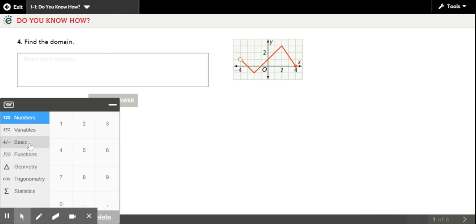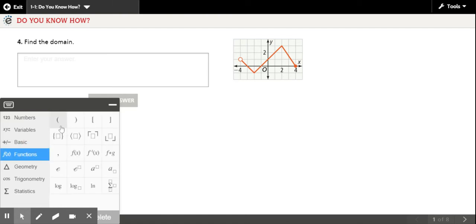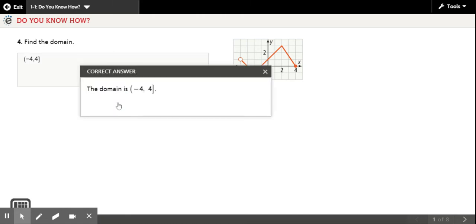So that just means when I go to write the function, I have parentheses on the left side at -4. And I have a bracket after the 4. So open circle, parentheses, close circle, bracket. Okay.